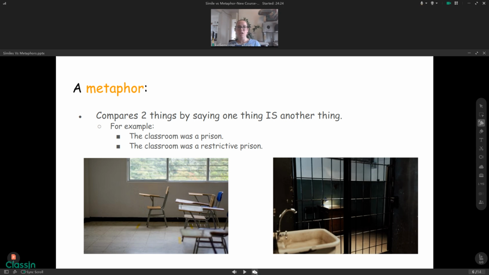Okay, so have another go at this. So if we said the classroom was a circus, you're going to think, oh, it's pandemonium, there's chaoticness, it's going to be loud and vibrant, right? And then you might want to think about the qualities of it. What could you think about the classroom that makes you think of a prison? So you can say the classroom was a loud, bustling circus.